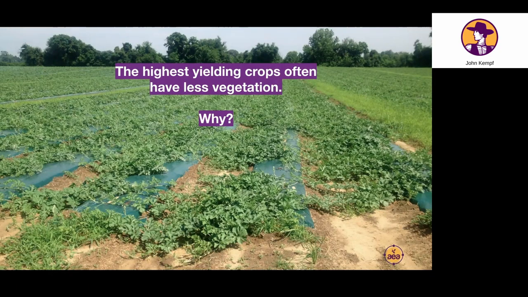You will often find the highest yielding crops have the least vegetative biomass. Why is that true? It's true because usually what we have come to perceive as common and normal for these types of crops is excessive vegetative growth triggered specifically by nitrate that reduces reproduction.